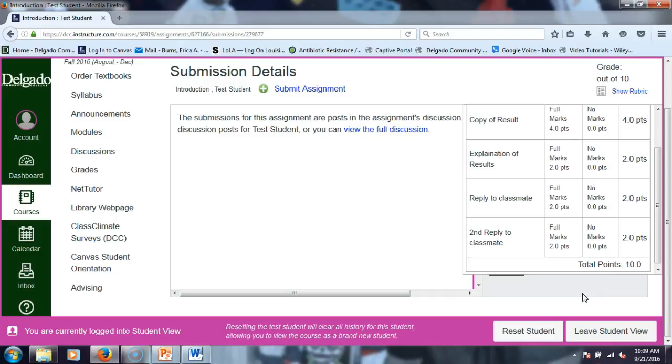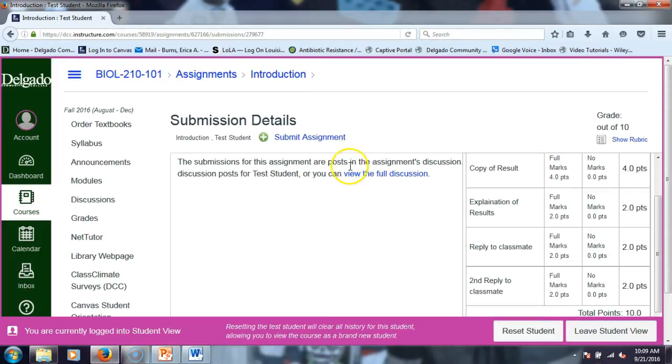But if by some chance in the future you lose points on a discussion board, you can figure out why. Either I put it in the comments, or usually if you lost points, I definitely put it in the rubric. Sometimes I also comment. Just depends on how I'm feeling at the time. Whether I feel like doing it twice, basically, in 2 different forms.